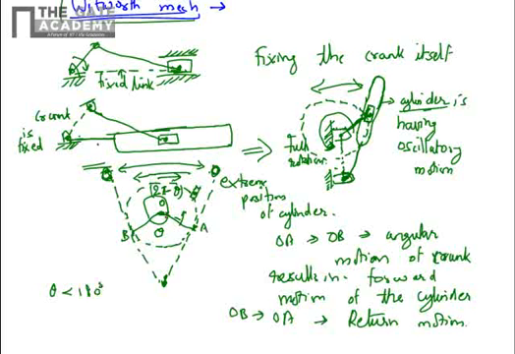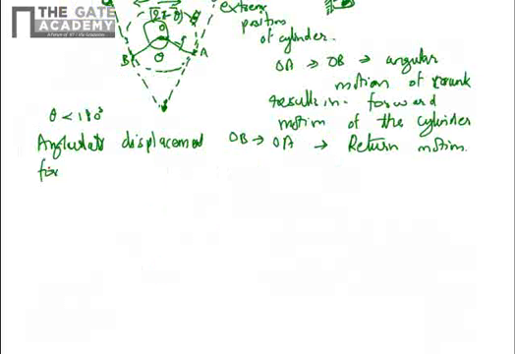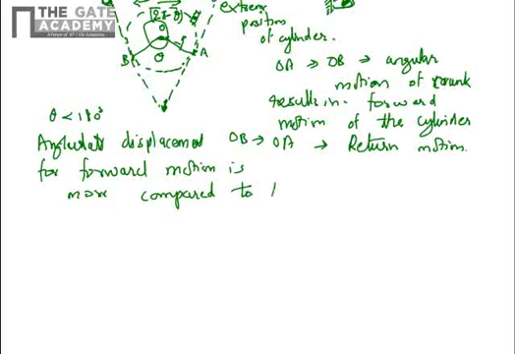So the angle for forward motion, angular displacement for forward motion, is more compared to the angular motion of the return path.